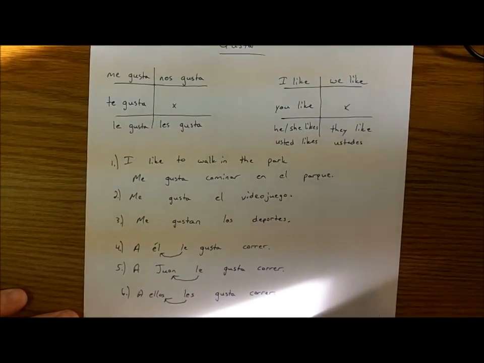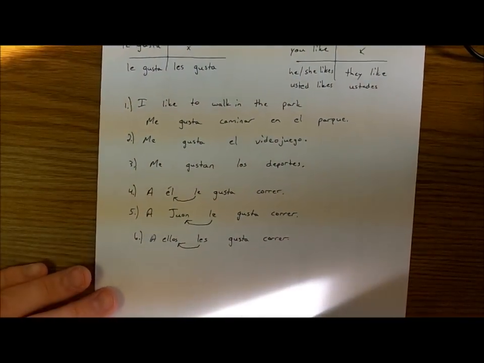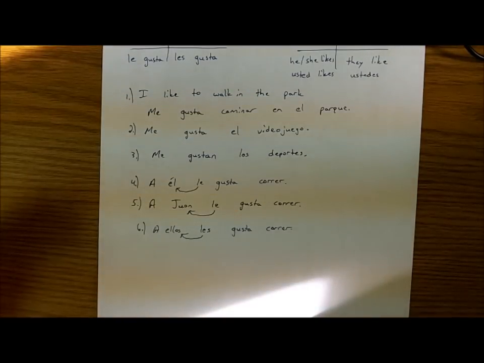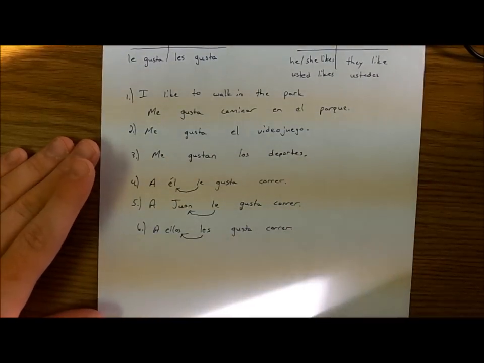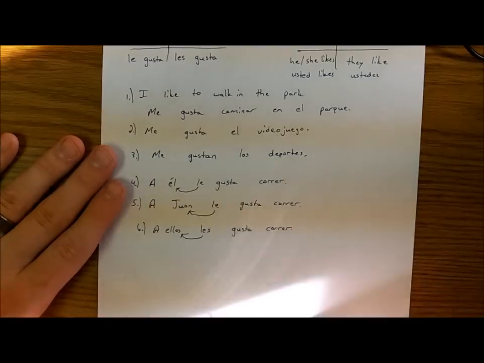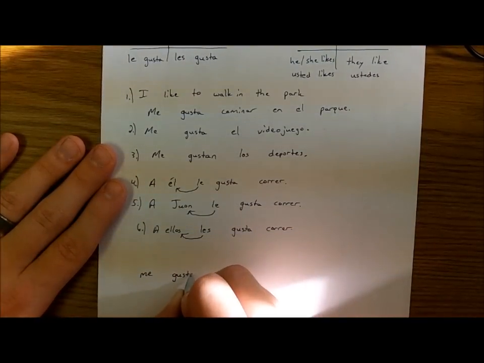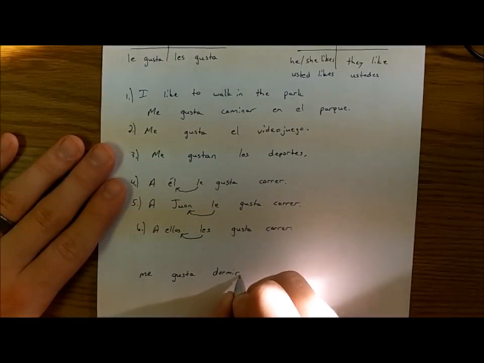Now, moving on, gustar is a little bit different in the sense that the way we translate it in English is different from the literal translation, which means exactly what the phrase is saying, versus how we translate it. To give an example, we have me gusta, and let's say I like to sleep. Me gusta dormir.